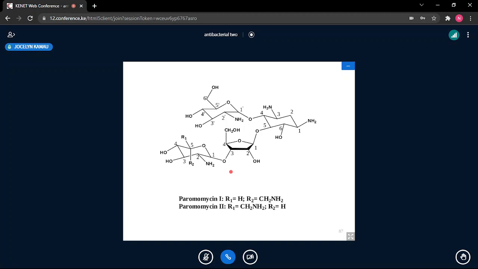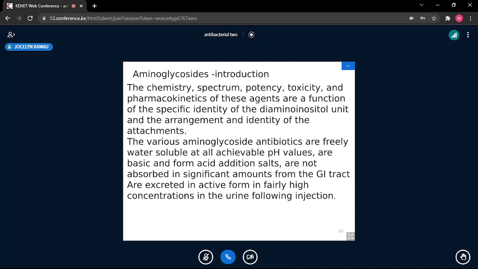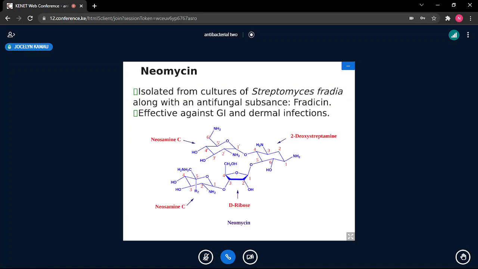So you find that they do have amino sugars that are glycosidically linked. And of course, paromomycin has 4 rings as opposed to kanamycin, which has 3 rings. So when I bring you another example, this is neomycin.